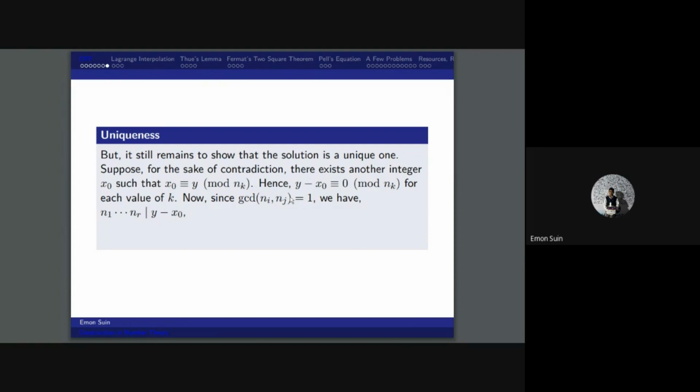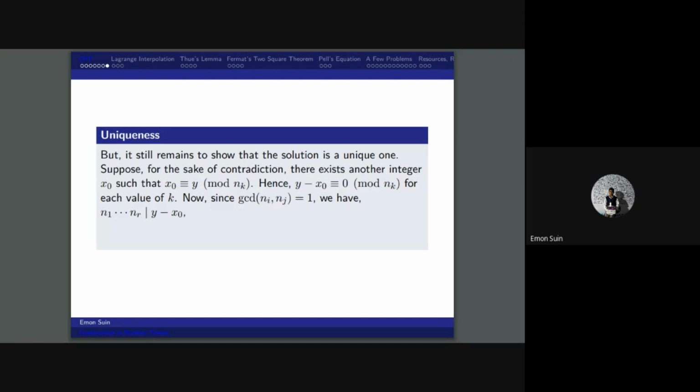So that is why we can say that the product of n1 to nr will divide y minus x naught. And why is it happening? It would not have happened if the GCD of ni and nj were not equal to 1. I mean, if they were not co-prime, it could have happened that the product from n1 to nr will not divide y minus x naught.